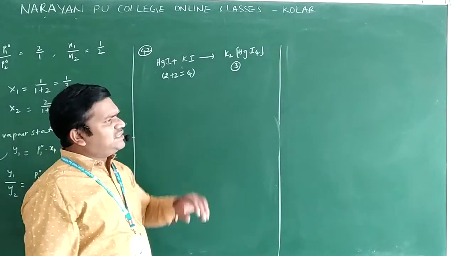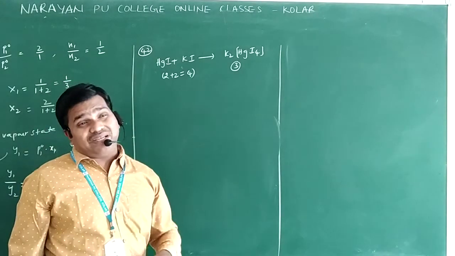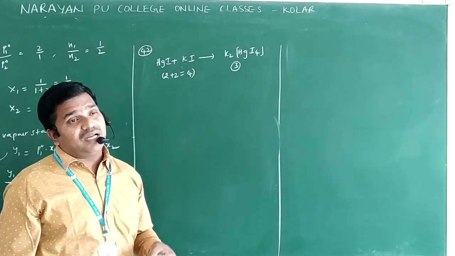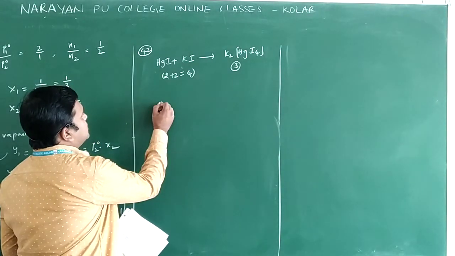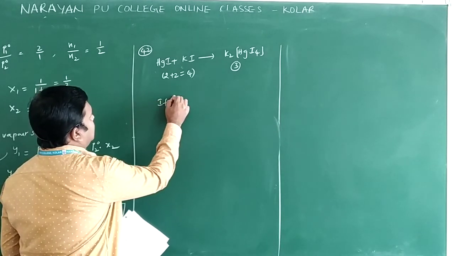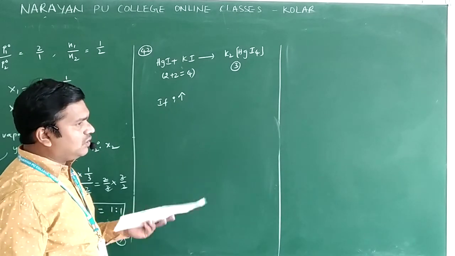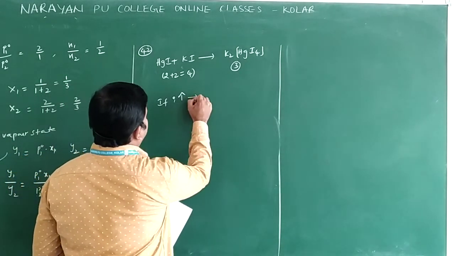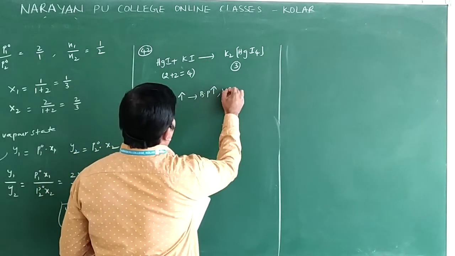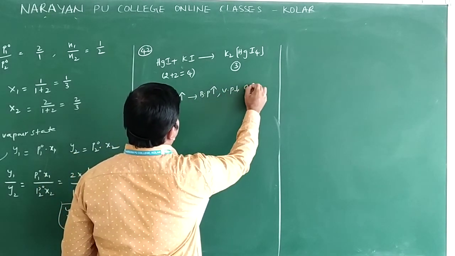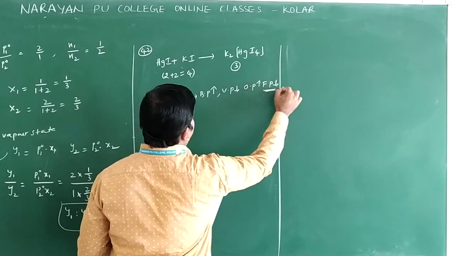Generally it is considered a strong electrolyte. Then what happened here? The number of ions has decreased, which means the van't Hoff factor i decreases. Generally you know one concept: if i increases, the boiling point increases, vapor pressure decreases, osmotic pressure increases, freezing point decreases.